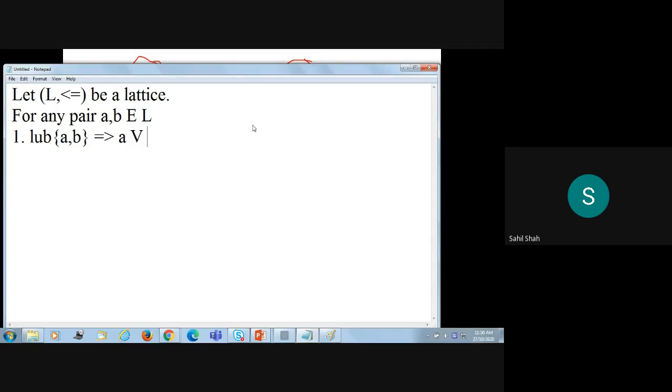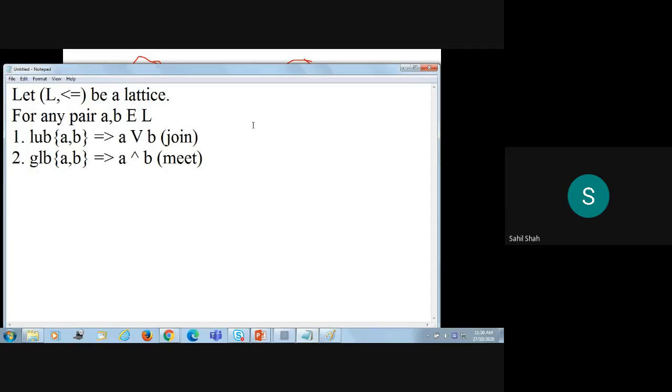Second, if I am interested in the greatest lower bound of A comma B, I will represent it like A meet B. Remember these operators. The concept is the same, but the symbol is different.